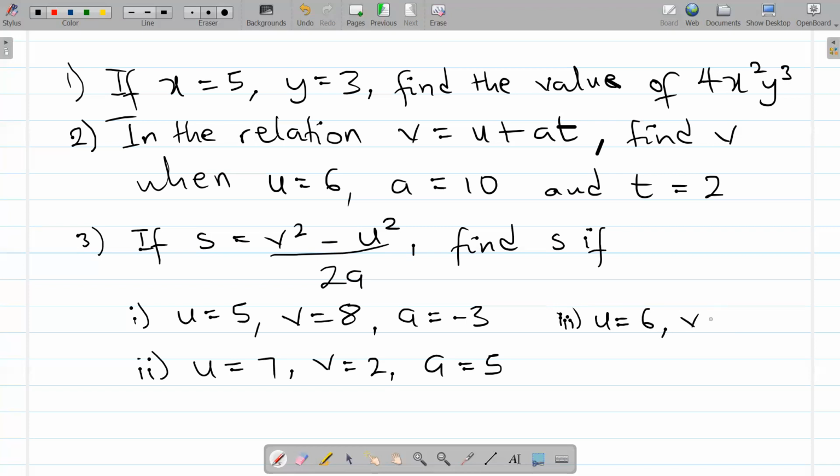Find S if V is equal to u squared... u is equal to a... minus 3.